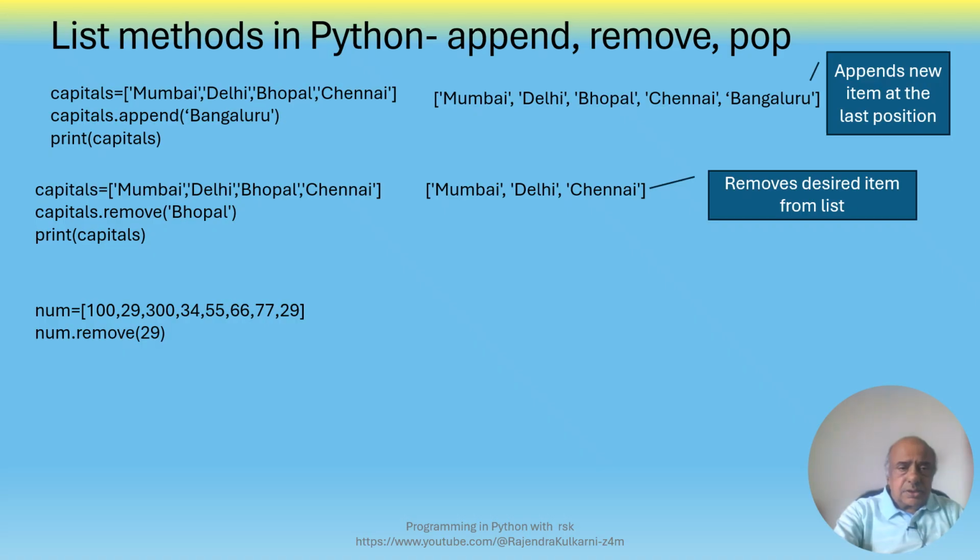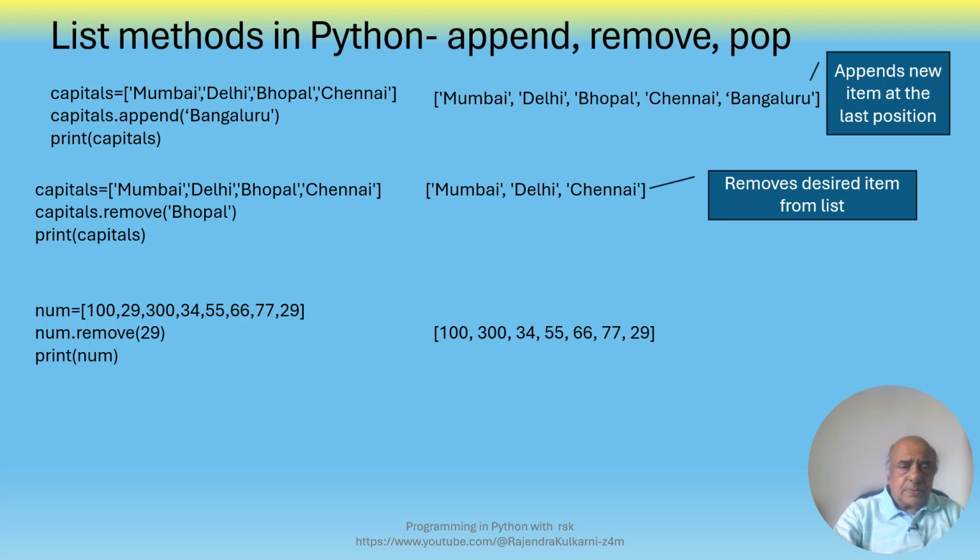Now another method, with another list num with so many items, all numerals. Then we give the command num dot remove and into the bracket 29. What it actually does is it finds the data given in the parenthesis and removes it from the given list.